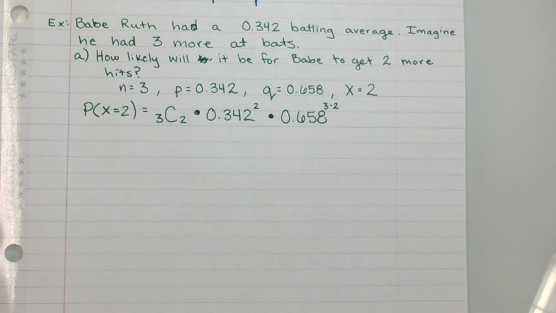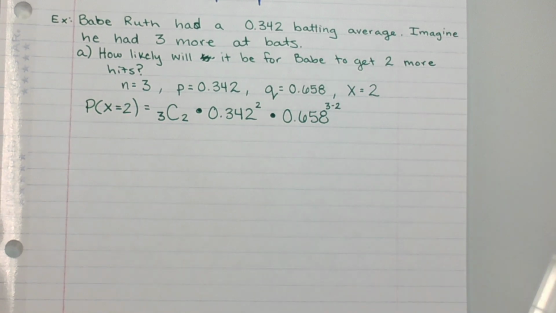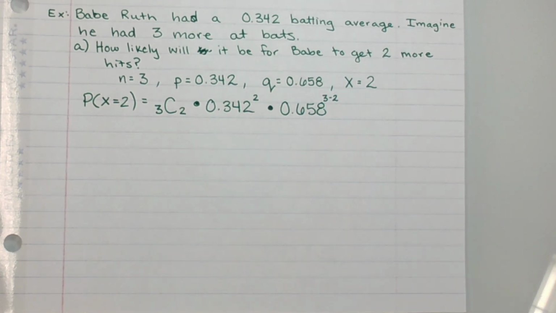This essentially gives us all the orders. Then it's the probability to the power of the number of times we want to succeed. And then the probability of failure goes to the number of failures you'd have to have. In order to have 3 at-bats, 2 successes, 1 has to be a failure. Hence, that ends up being a 1.